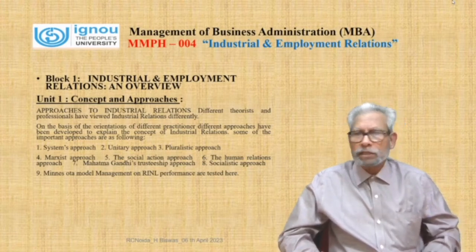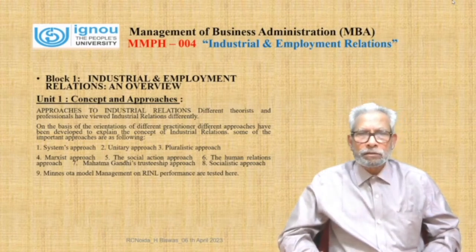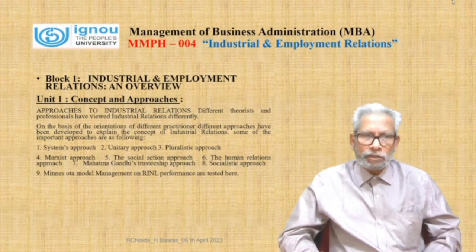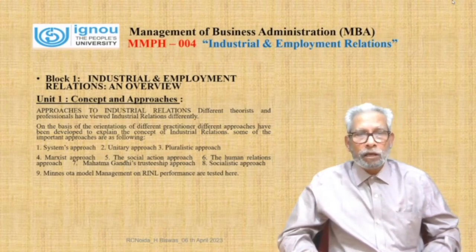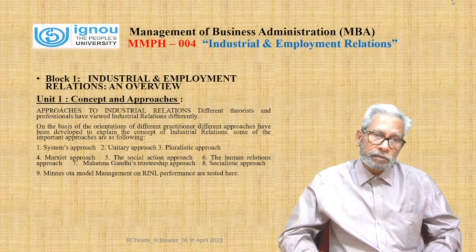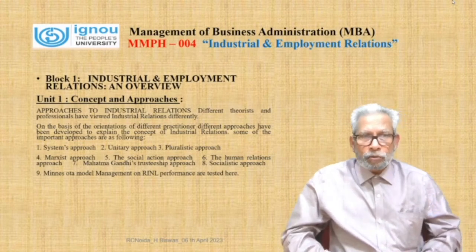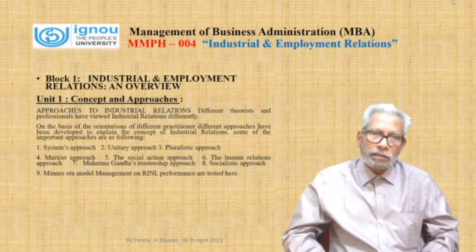Some of the important approaches are as follows: number one, the systems approach; number two, the unitary approach; three, the pluralistic approach; fourth, the Marxist approach; five, the social action approach; six, the human relations approach; seven, Mahatma Gandhi's trusteeship approach; eight, the socialistic approach, and the model of management at RINL. That was shown in the previous slides. This is already discussed. So these are many different approaches to industrial relations.